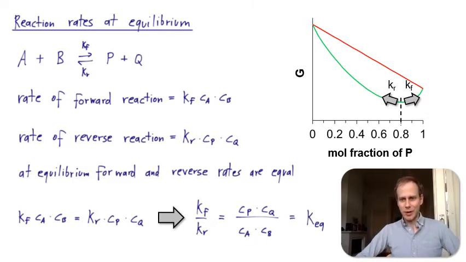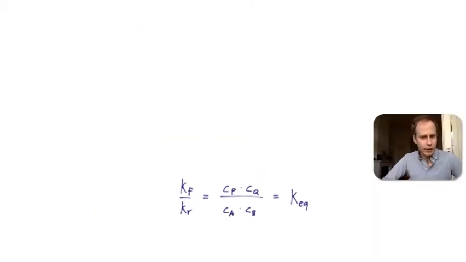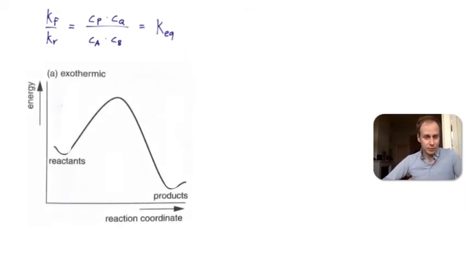Oh, that's a surprise. So the ratio of the forward rate constant divided by the reverse rate constant is actually the equilibrium constant. Of course, I express it here in concentrations and not activities, but you could write these rate laws also with activities. What you get is the equilibrium constant. Wow, that's pretty cool.